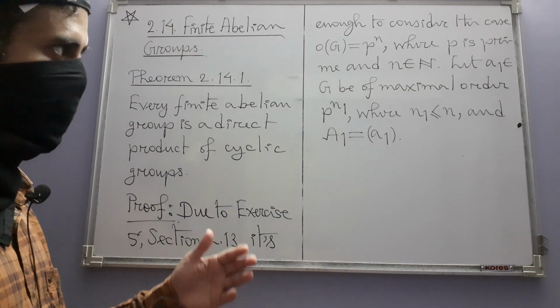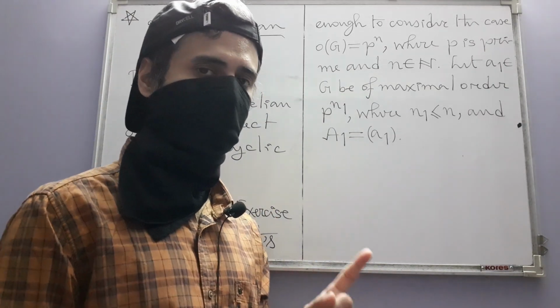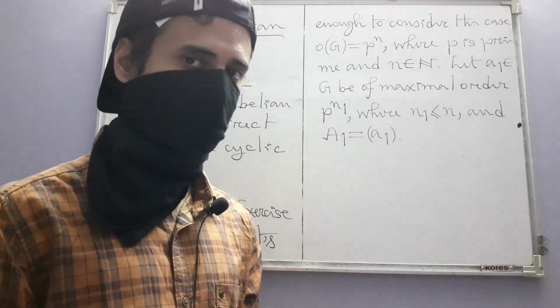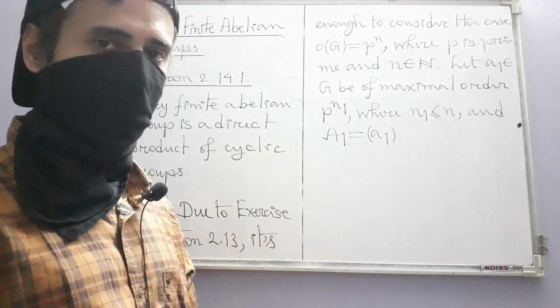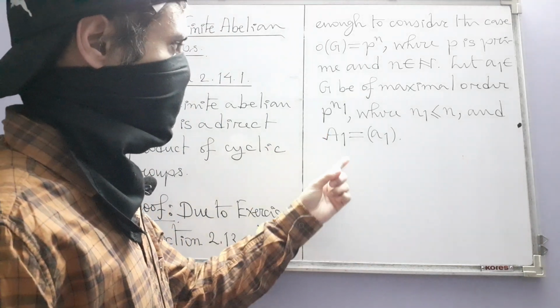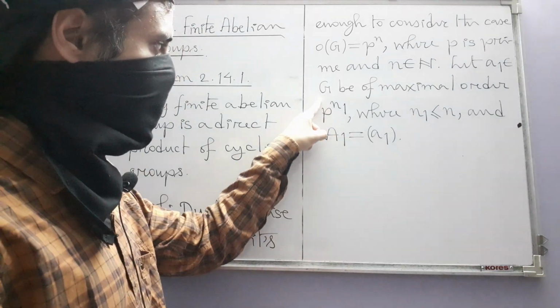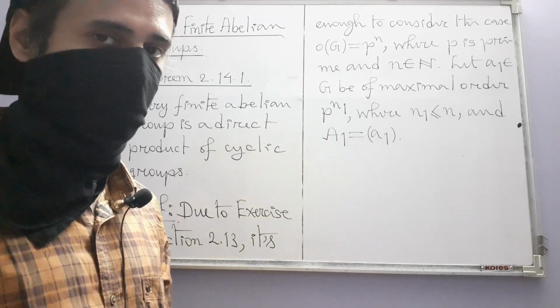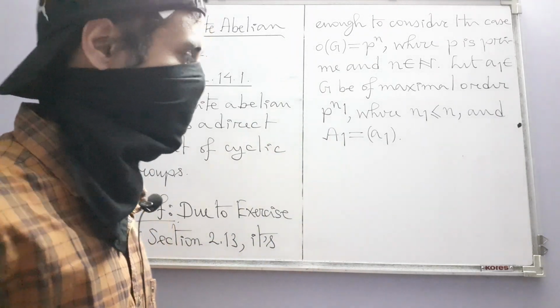So in the very first step, we have considered an element in G having maximal possible order. But now we are going to consider another group, the quotient group G modulo A1. Keep in mind that G is abelian, so A1 of course is normal. Any subgroup of an abelian group is normal, so we can consider the quotient.